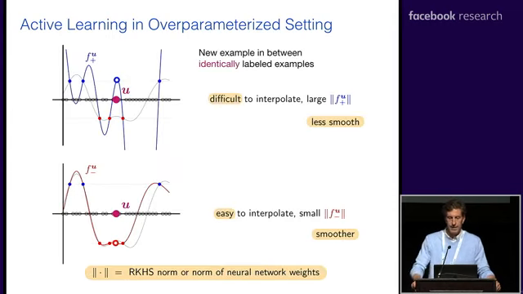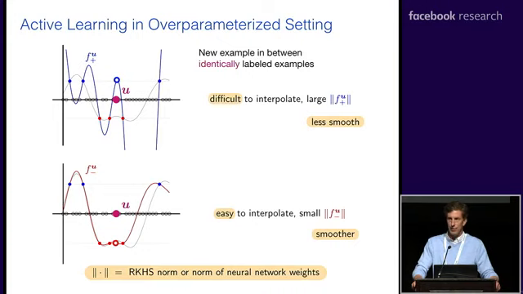Suppose we took an example here. I'm showing you in this magenta color a point U. This is a new example that's in between 2 identically labeled examples. You can see that this new point is between 2 of the red labeled points.